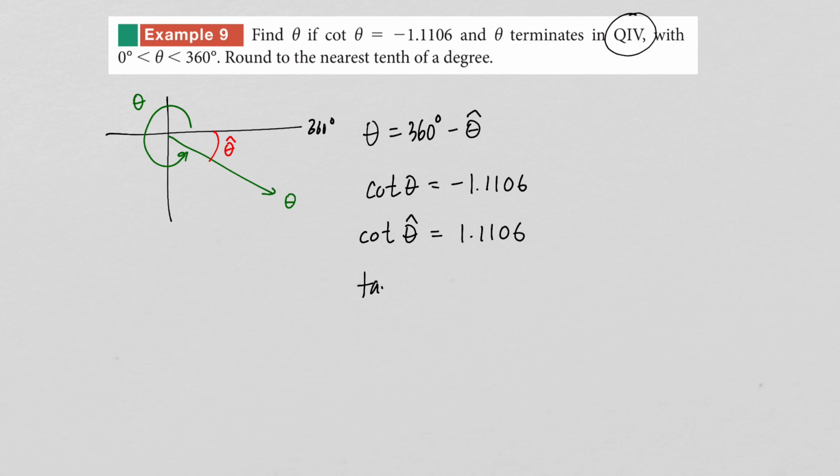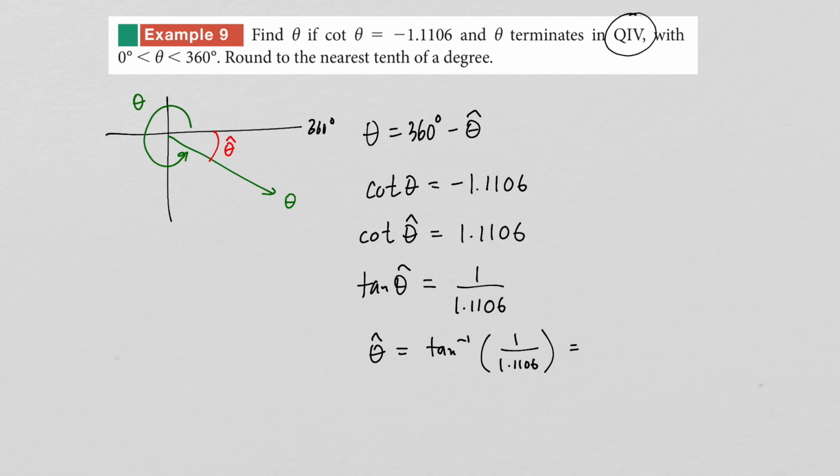So if the cotangent of theta is 1.1106, that means the tangent of theta is 1 over that value, right? Because tangent and cotangent are reciprocals. And now that means that theta hat can be found by doing the inverse tangent of this value.